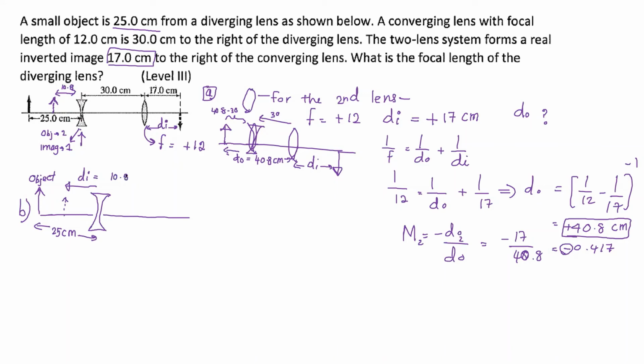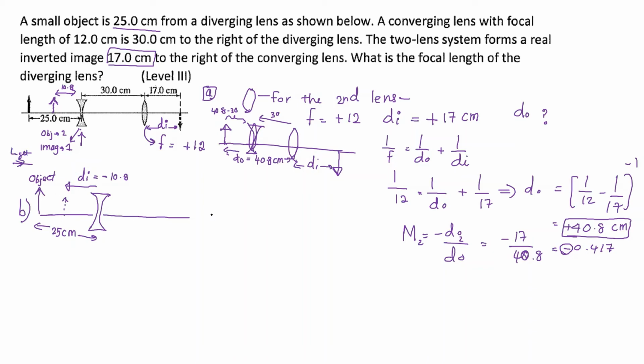And what can you tell about it? Is it a negative or a positive value, looking at the image? So di is negative, right? Compared to this lens, it is on the side where the light comes from. In other words, it's in front of the lens.